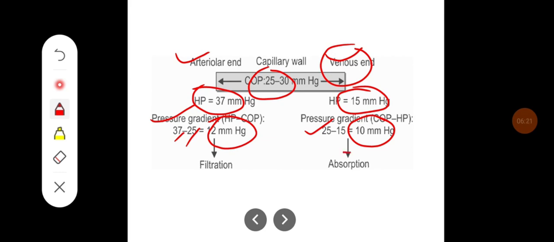Hence the fluid is absorbed here, and at the arteriolar end it is filtrated. You can see the 12 mm of Hg gradient is created at the arteriolar end and 10 mm of Hg gradient is created while the fluid is being absorbed. Some amount of the fluid is going to remain in the interstitium and that is going to be drained by the lymphatics.